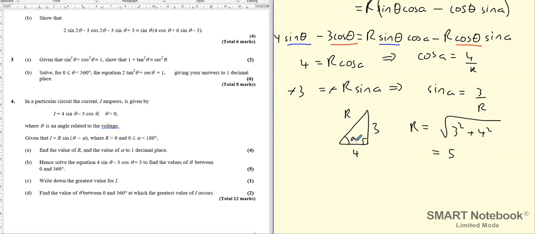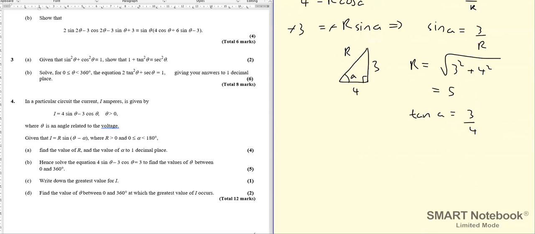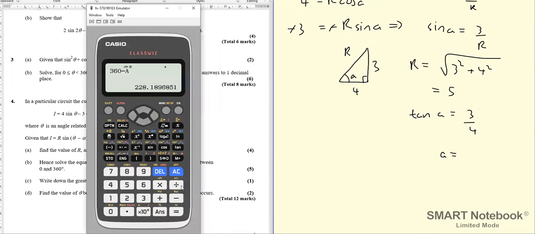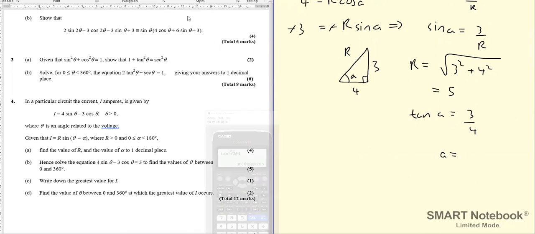And from this triangle, we get that tan alpha equals 3 over 4, because we've got opposite and adjacent. So alpha is going to equal inverse tan of 3 over 4, and we get 36.9.